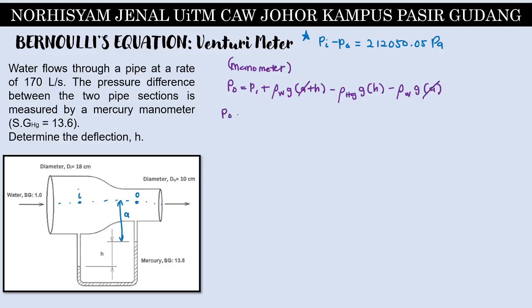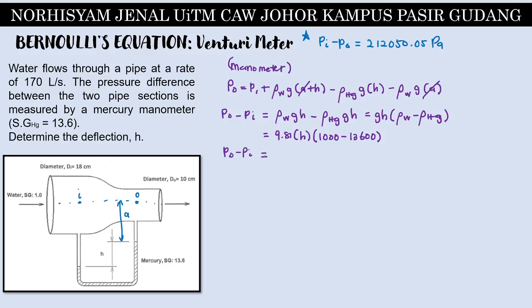So P outlet minus P inlet is equal to rho WGH minus rho HgGH. So equals to GH, I factorize it, rho W minus rho Hg. So it is equal to 9.81 multiplied by H multiplied by 1000 minus 13,600.